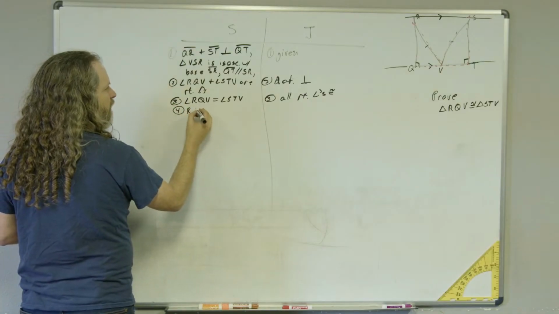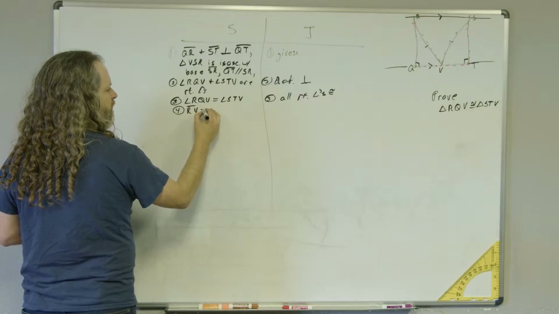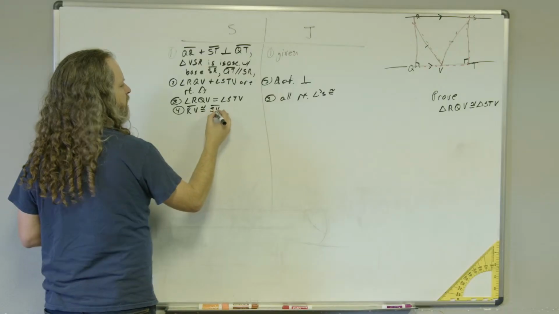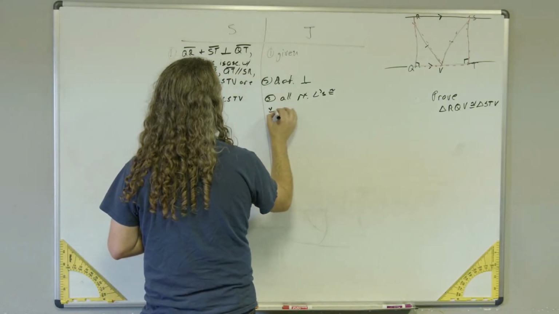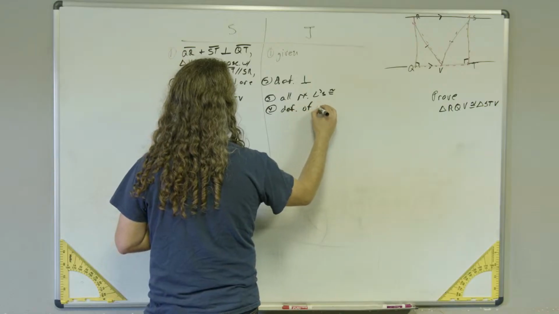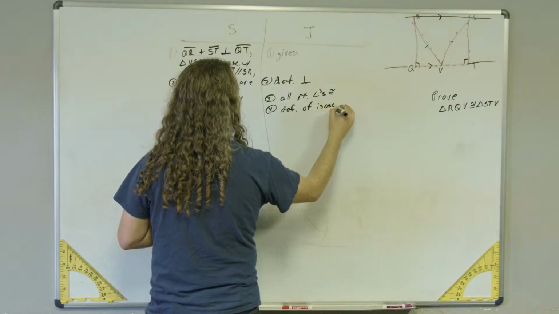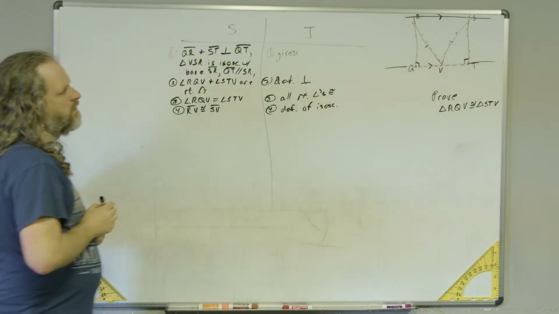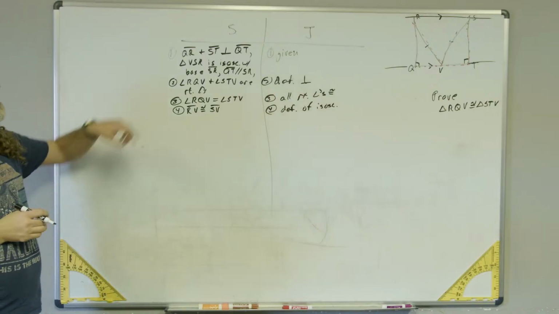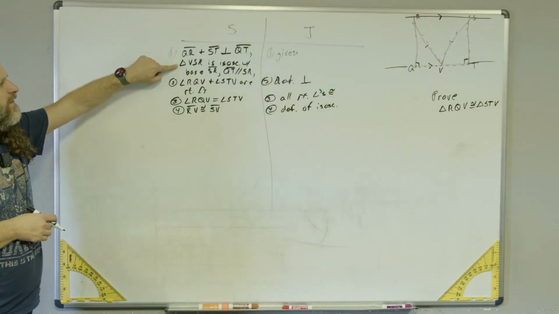So RV is congruent to SV because isosceles, definition of isosceles. Great. It's already marked.